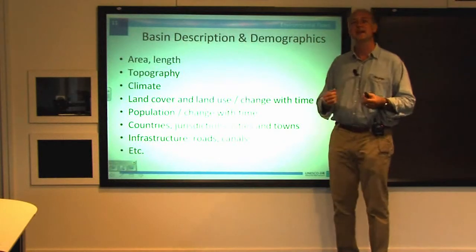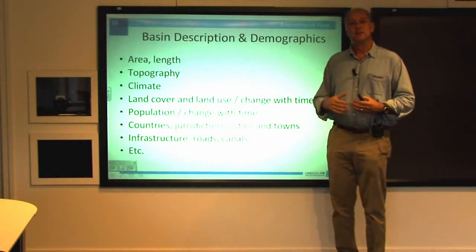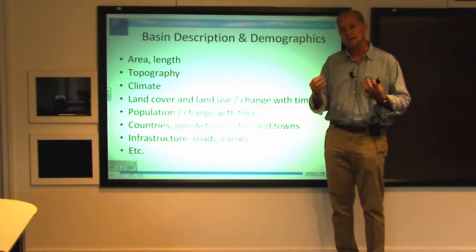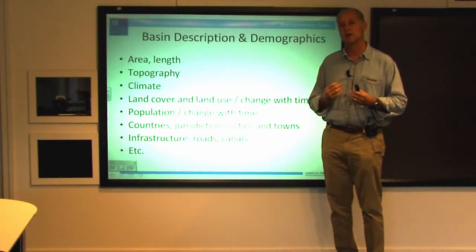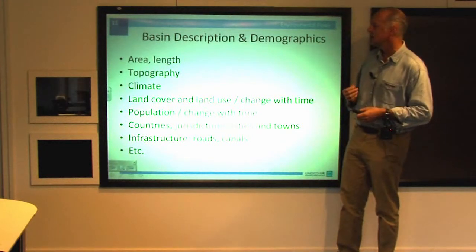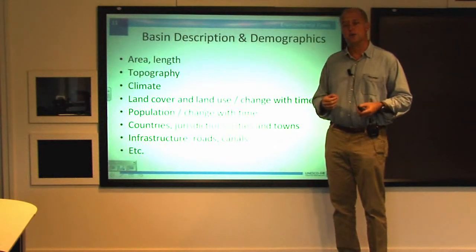So let's move into that. Stepping through a number of topics that are relevant in a broader context. They are the setting, the context in which our environmental flow project, our environmental flow activities will be developed. And we begin by just getting to know our basin.